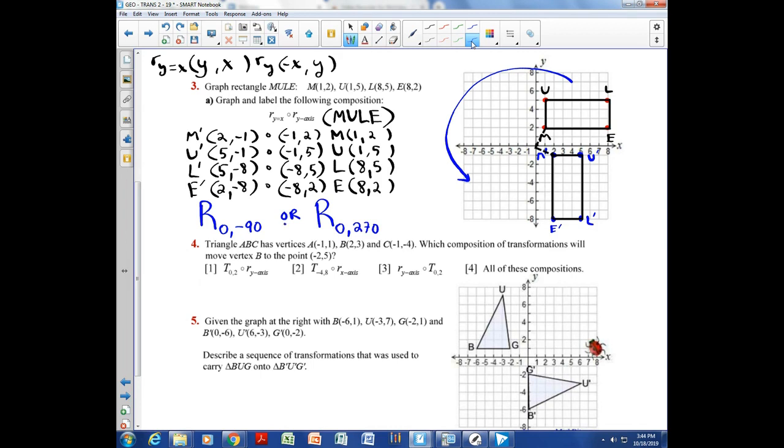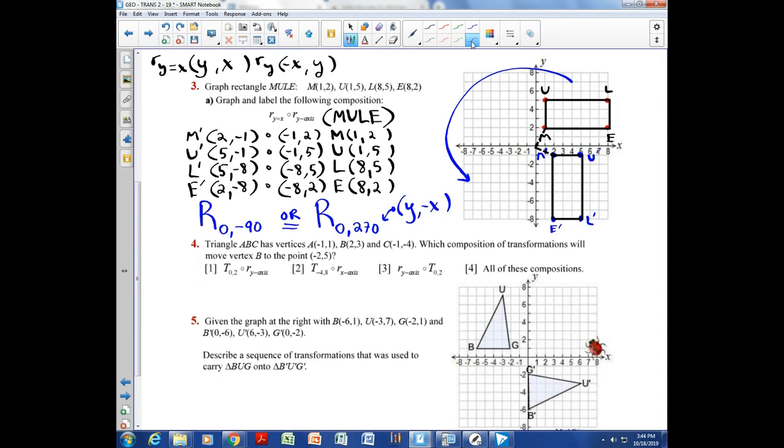These are both the same, because you could see from M to M prime, what really occurred was the y went into the front and the x came to the back and changed signs, which is that formula. Tricky question. That's a Regents level question for sure.